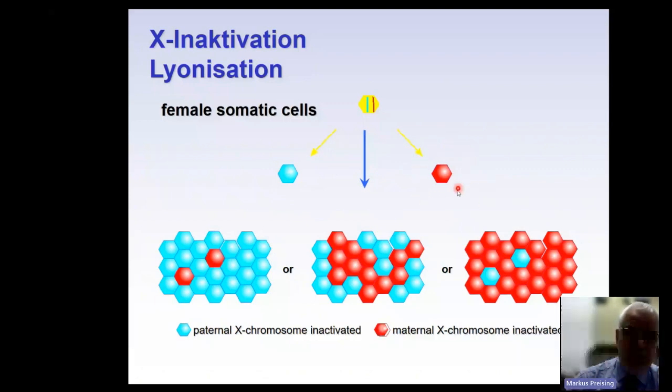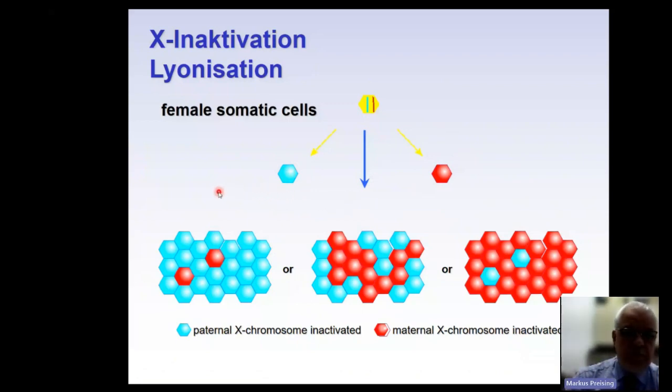If you silence a copy in a cell with a non-functional choroideremia gene, all the descendants of the cell will only have a functional copy, and the function of the choroideremia gene will be present in these cells.